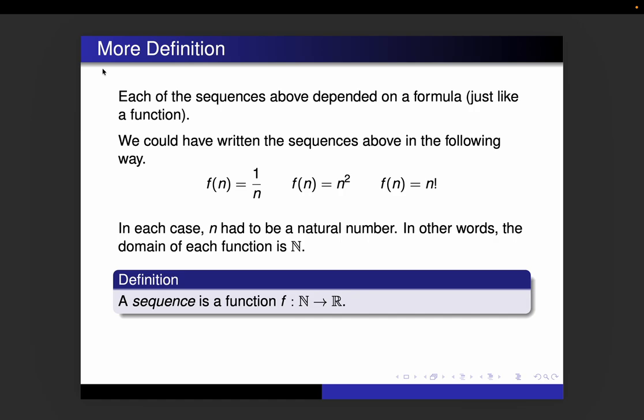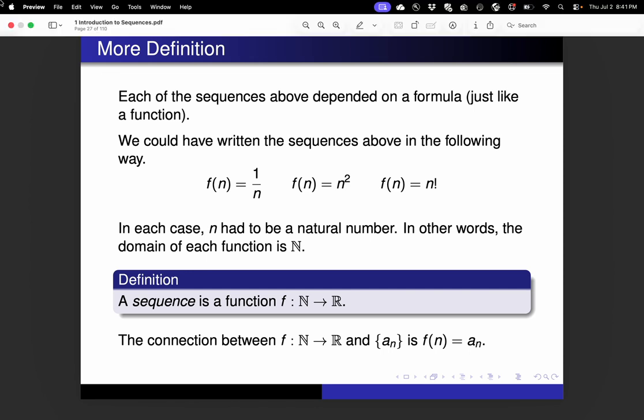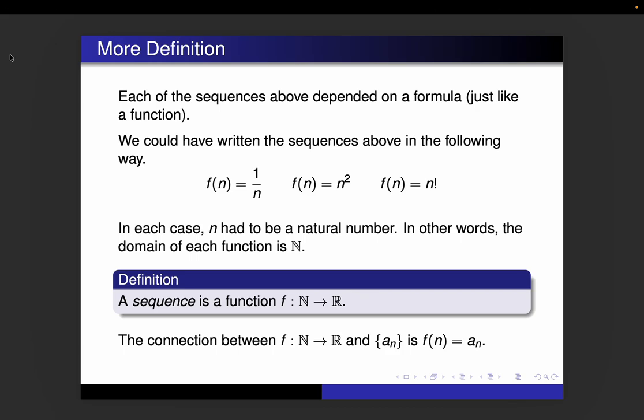So sequences were even in that uncountable proof that we had. Now I should note there's a connection between this function and the ordered list that we were looking at, f of n equals a sub n, and I will almost certainly never write a sequence as a function ever again. But I just wanted to write that down because it is the formal definition.